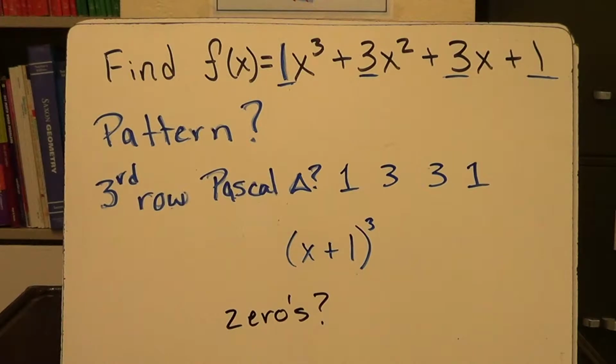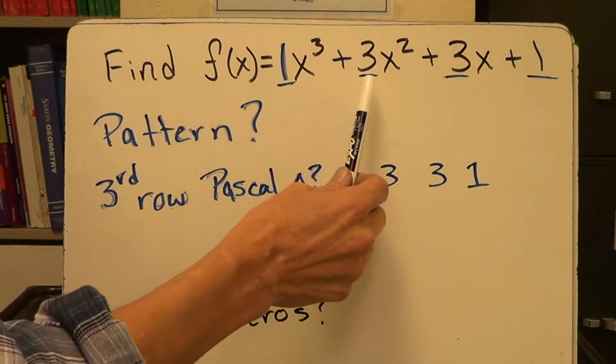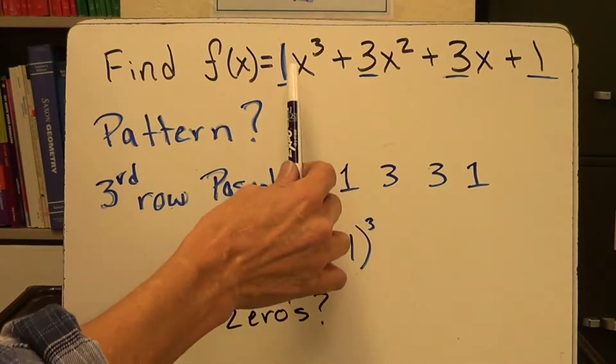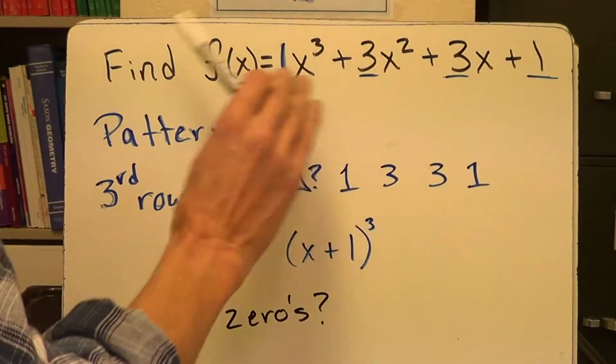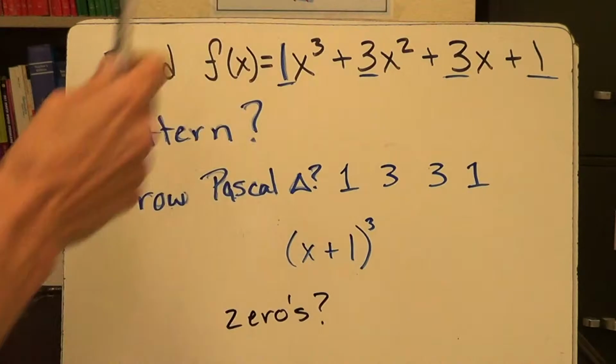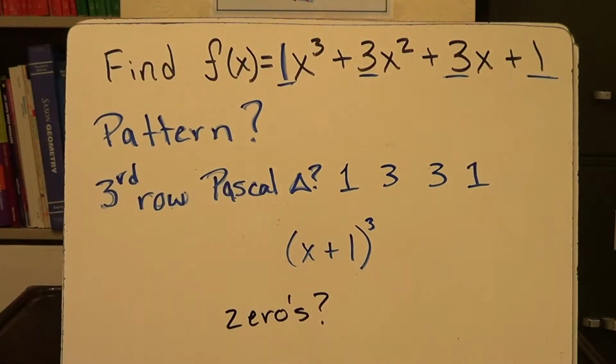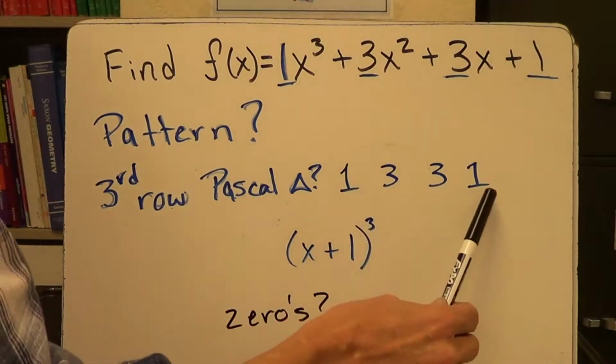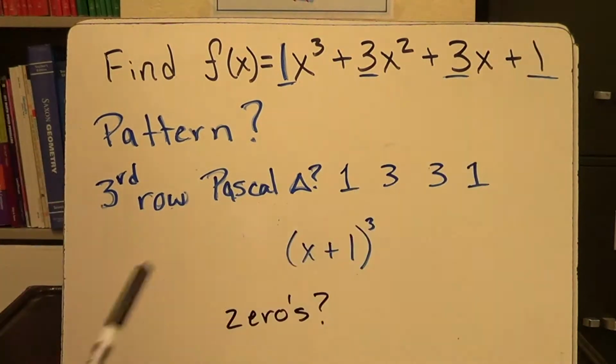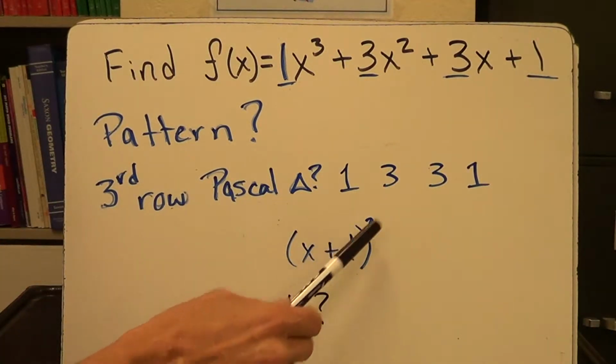Here's one situation where you might be looking to find zeros, and you'll notice, or hopefully you notice, the pattern. And that should look familiar. It's symmetrical in the coefficients, and you should be thinking Pascal's triangle. The coefficients do match the third row of Pascal's triangle. You can take this last number to figure out what this is.